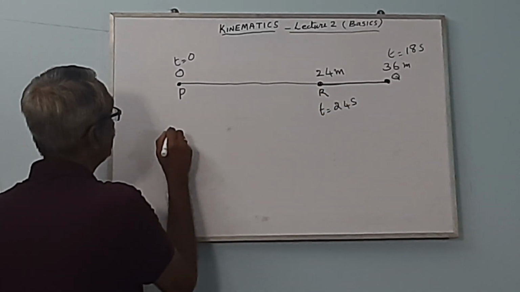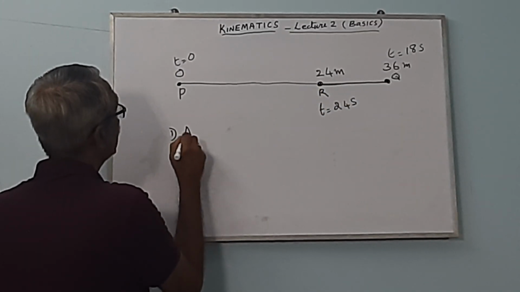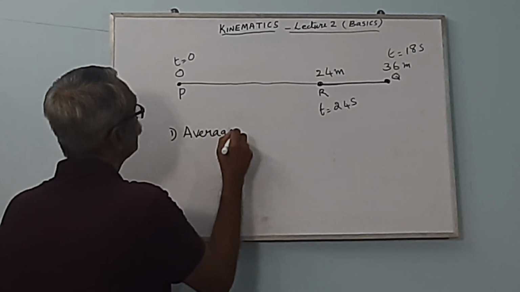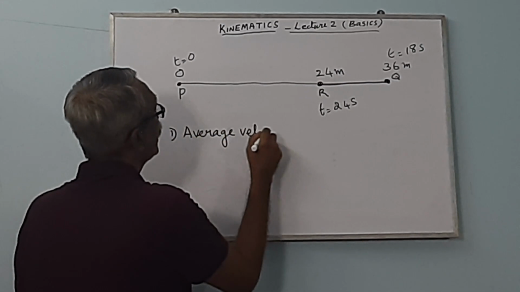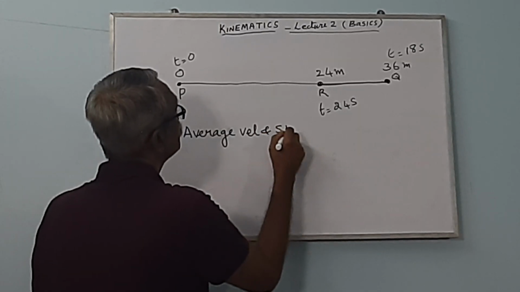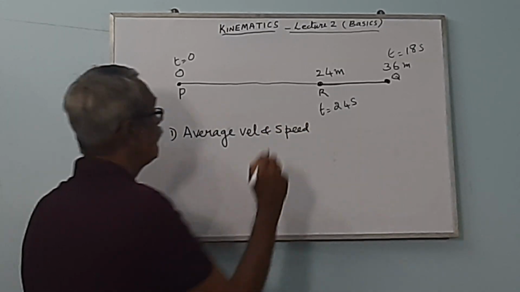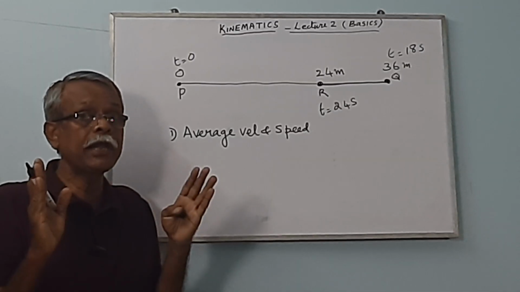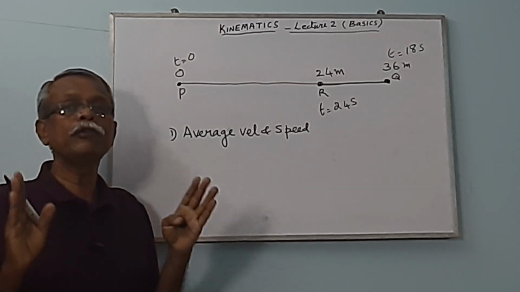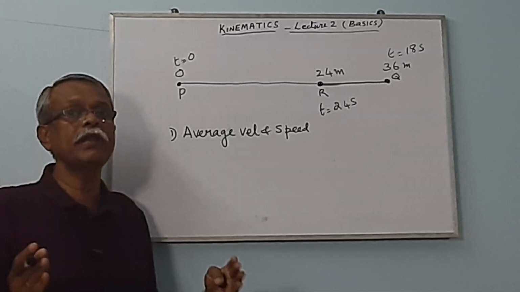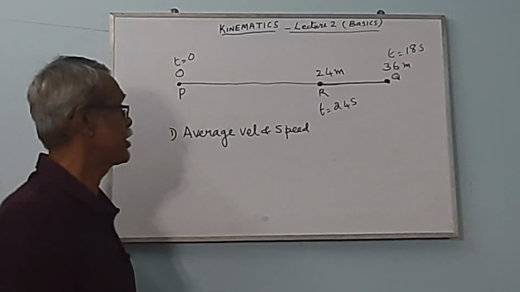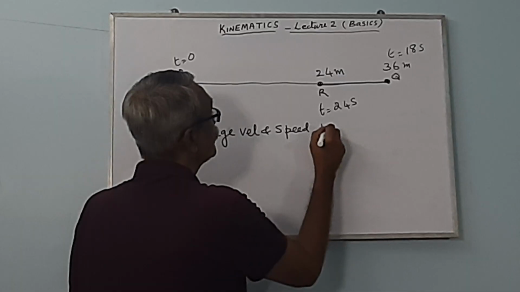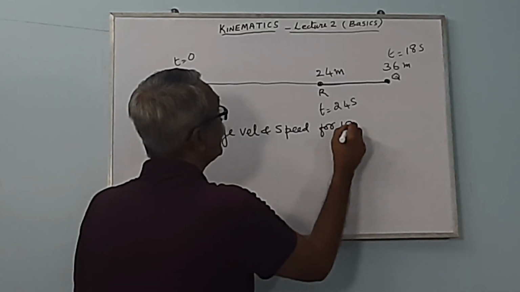First we will calculate average velocity and speed. Whenever you are asked to calculate the average value, the duration should be given. If duration is not given in the question, you can take the entire duration. Here we are specifying the duration of 18 seconds.